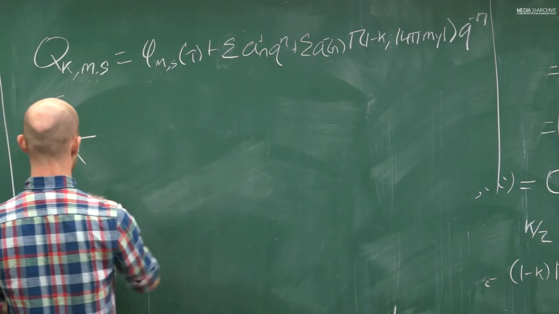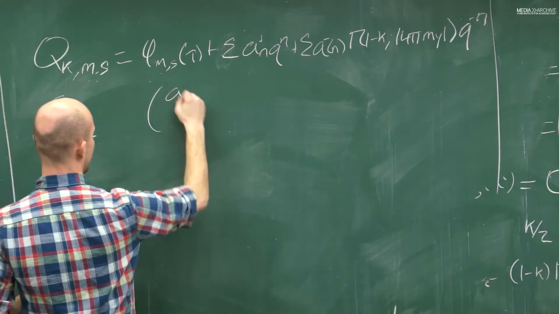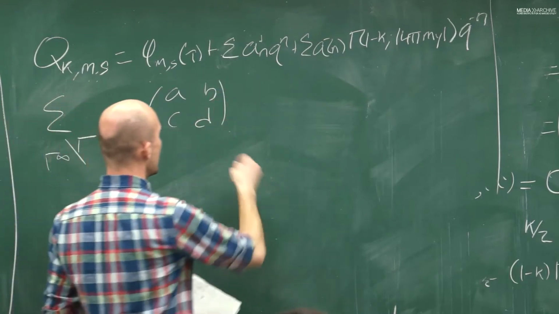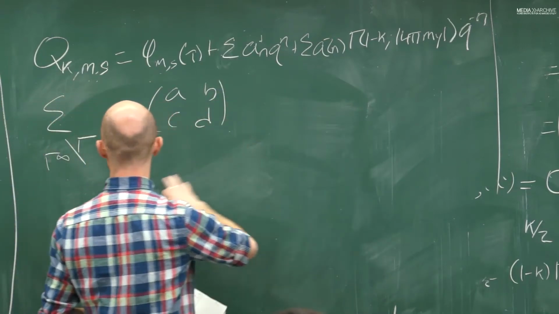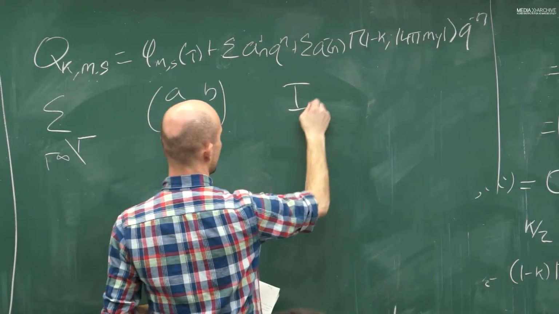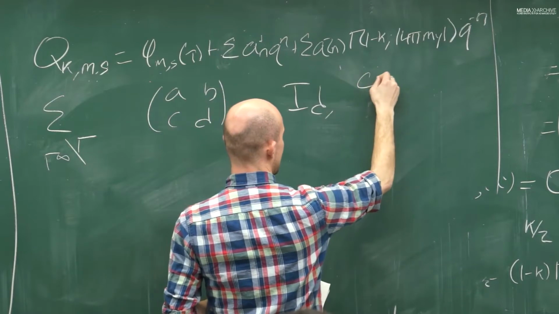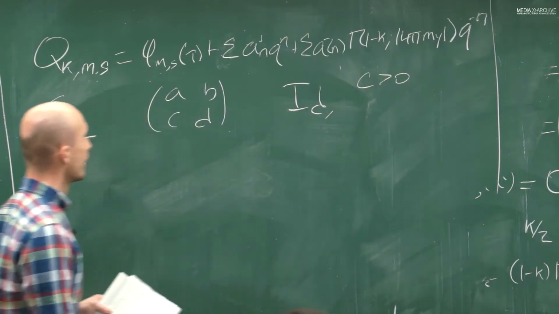If I have a matrix A, B, C, D, I can take the identity element, and besides the identity, C greater than 0.